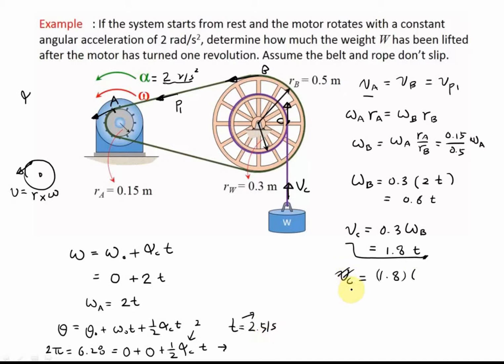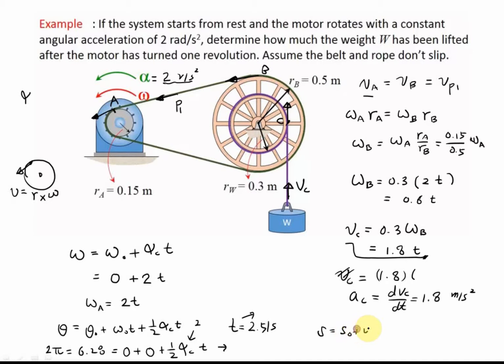So from here, the acceleration of C, which is dvC over dt, is 1.8 meters per second squared. So this one just has constant acceleration. If you want to know how much this one has been lifted, you go back to the linear kinematic equations of motion.